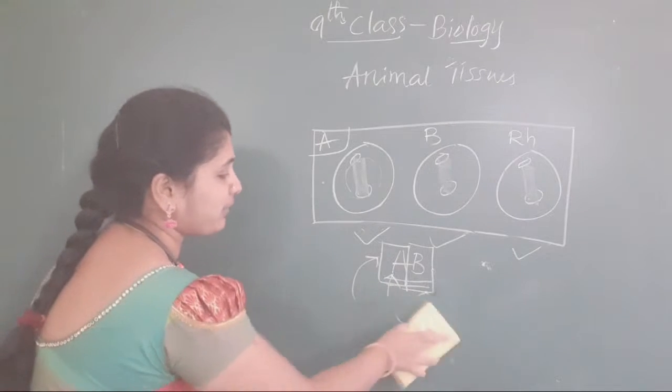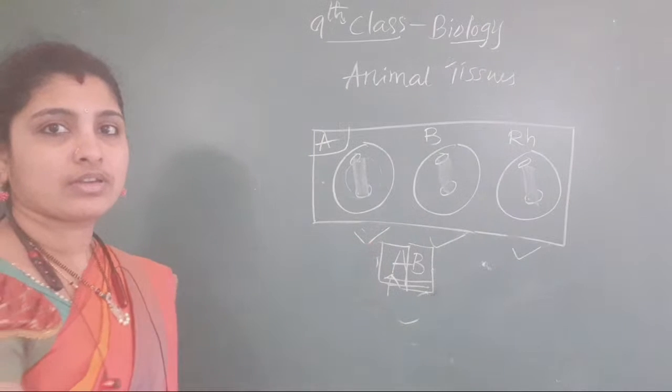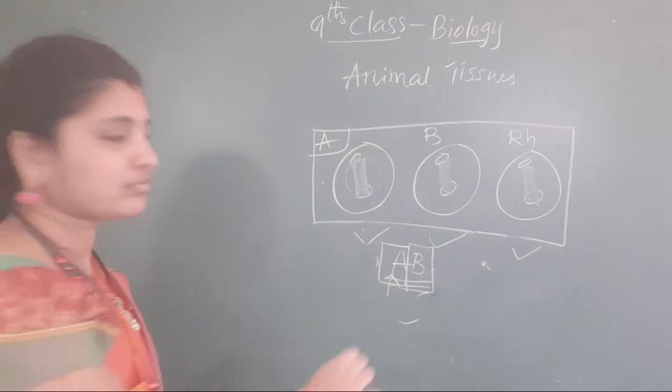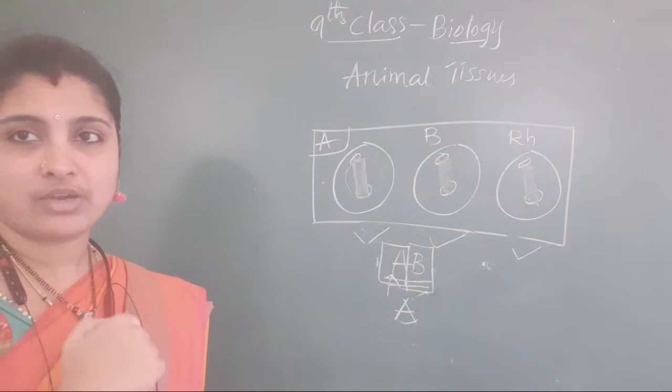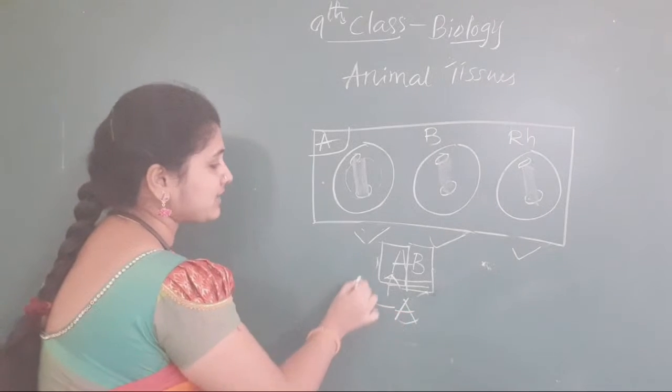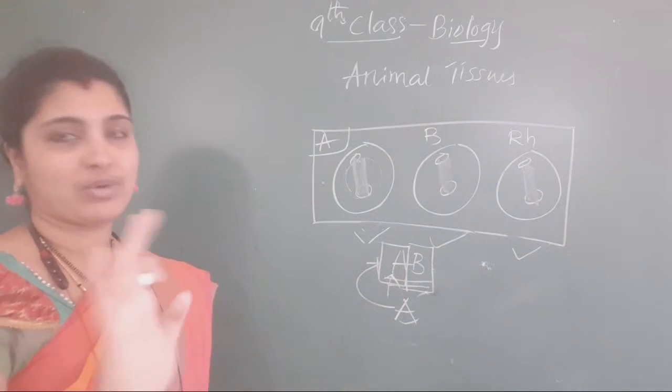Okay, once again I will repeat. If an AB blood group person is there and is injected with A group, what is it doing? A is directly entering into A and it will mix. No problem.